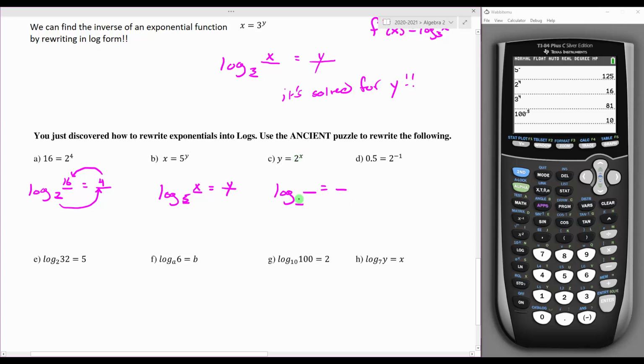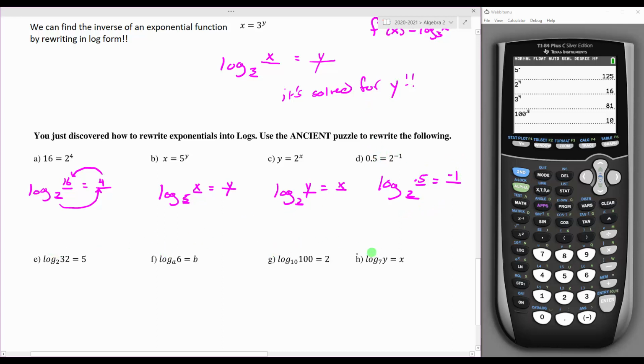So 2 is the base, the exponent is x, and that input is going to be y. 2 to the x equals y. Let's do it one more time. Log, base, input, output. The base is 2, the power is negative 1, and that input is going to be 0.5. 2 to the negative first equals 0.5. That's exactly what this says.